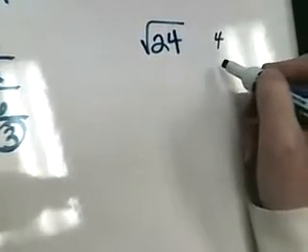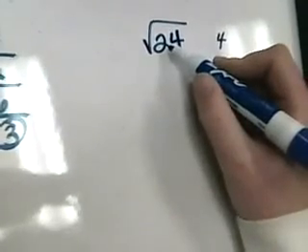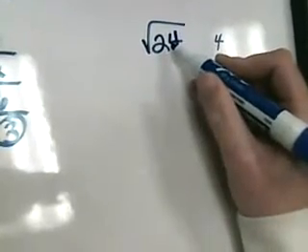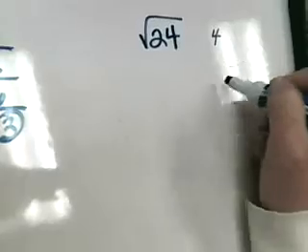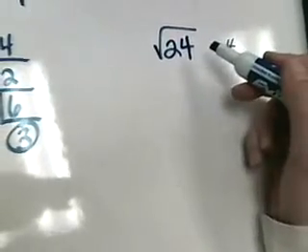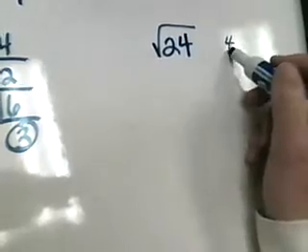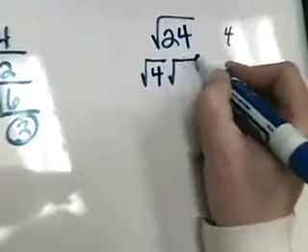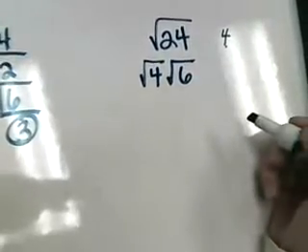The next perfect square would be 9. 24 divided by 9, no, that doesn't go in evenly. 16, 24 divided by 16, that doesn't go in evenly. And then I'm up to 25, which is larger than 24, so I don't want to pick him. Okay, so the largest perfect square would be 4, and 24 divided by 4 is 6.